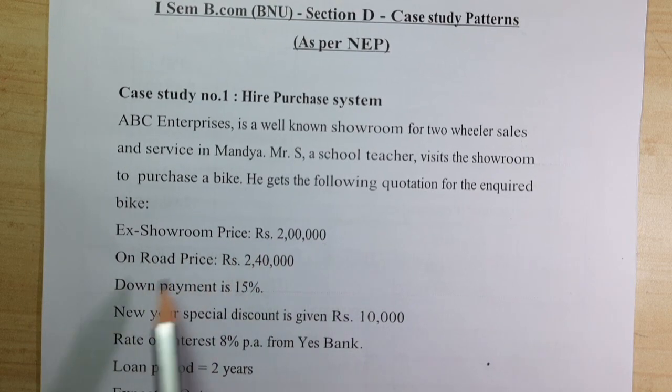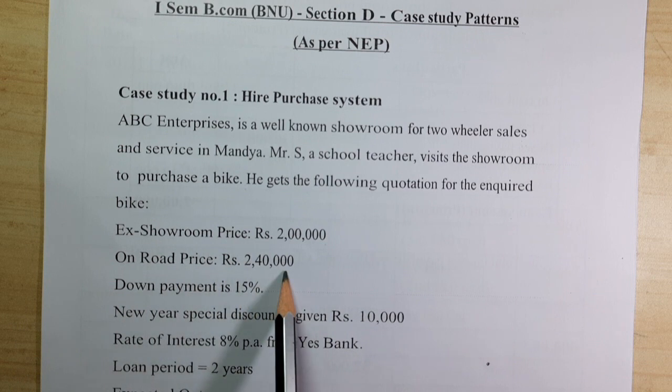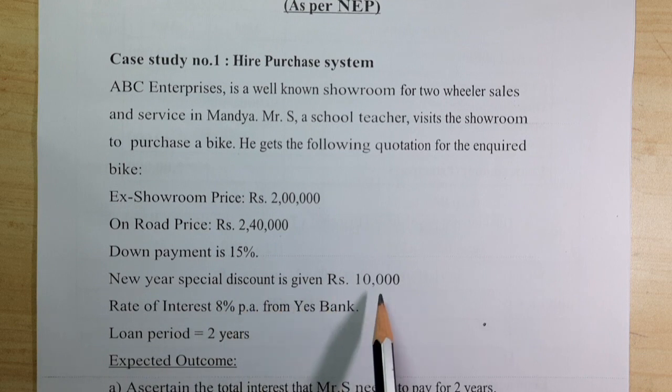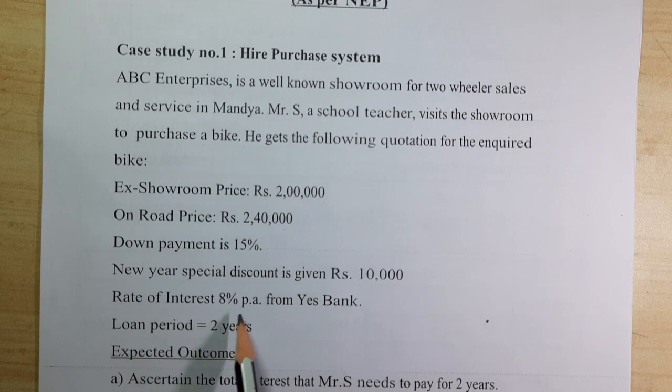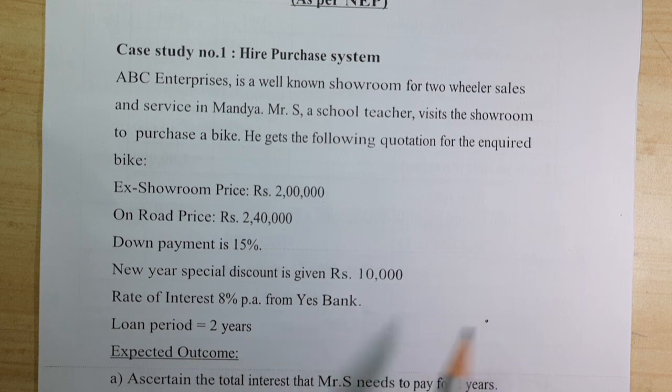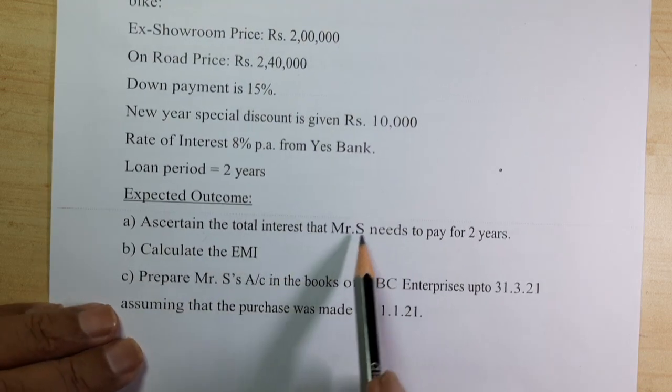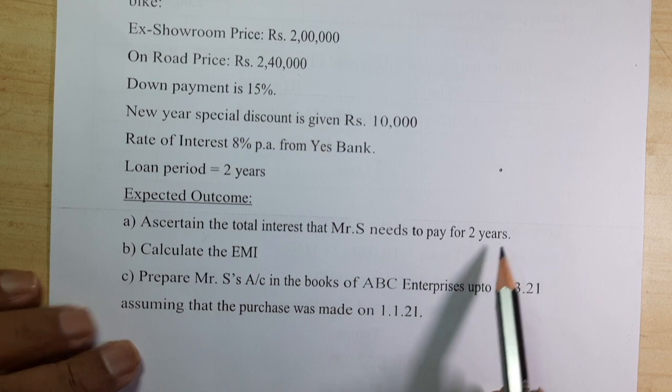Ex-showroom price 2 lakh, on-road price 2 lakh 40,000. Down payment is 15%. New Year special discount is given, 10,000. Rate of interest is 8% per annum from S Bank. Any bank, I just mentioned S Bank. Loan period 2 years. Expected outcome: ascertain the total interest that Mr. S needs to pay for 2 years.